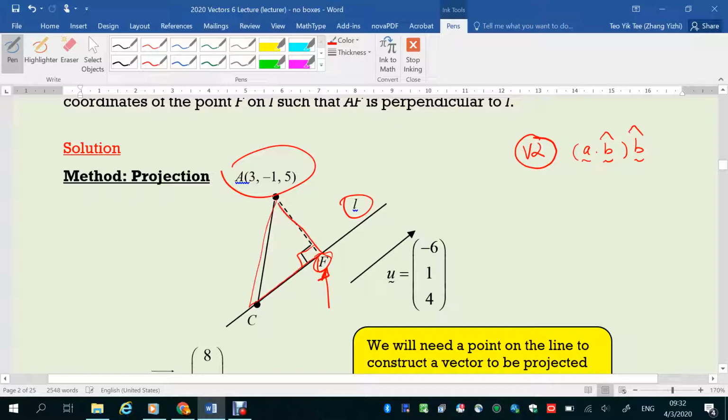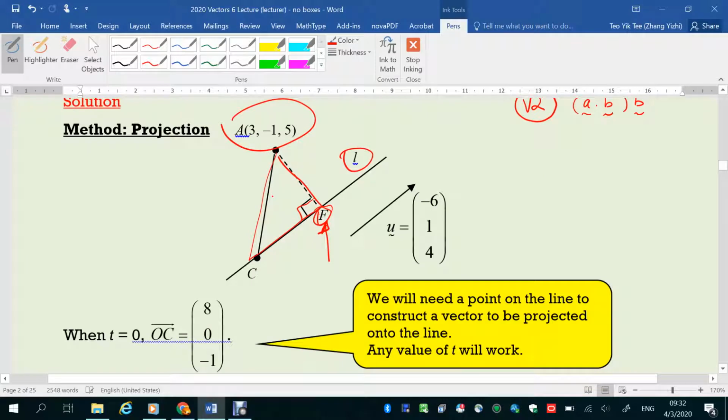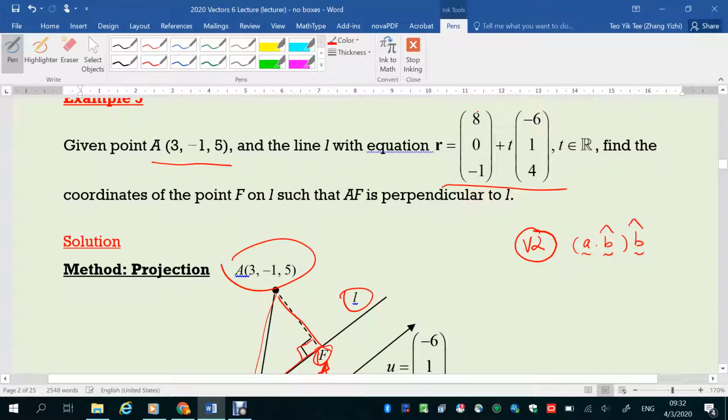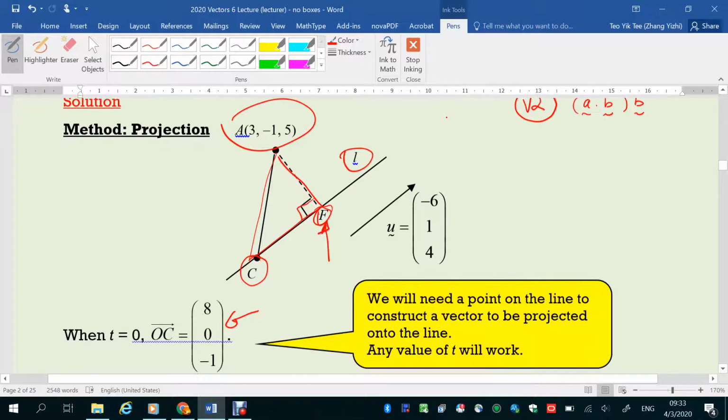Let point C be somewhere on the line, say (8, 0, -1). You'll ask me where (8, 0, -1) comes from. It's just a point on the line.